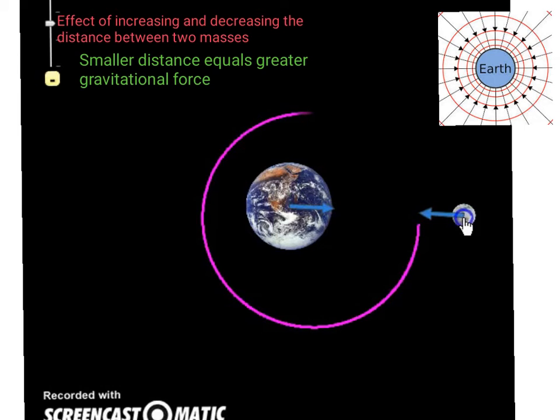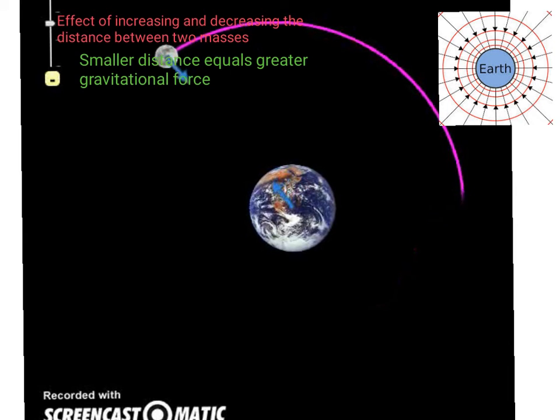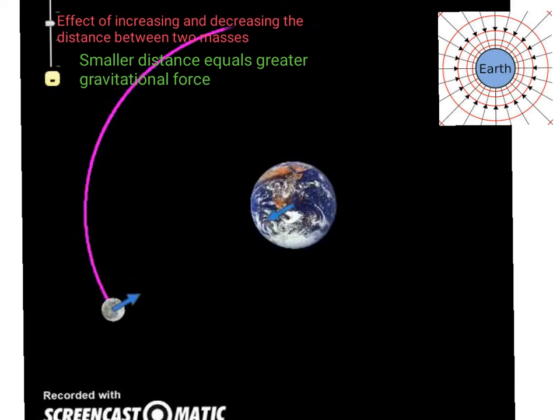Well, the opposite of that is also true. If I move the moon farther away, then those gravitational forces are going to decrease between the two. So here we go, we can see those force arrows getting less. So there's less attraction between those two objects.